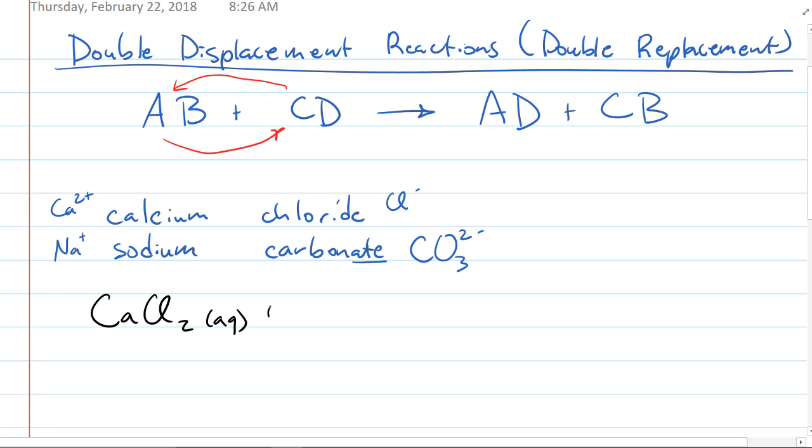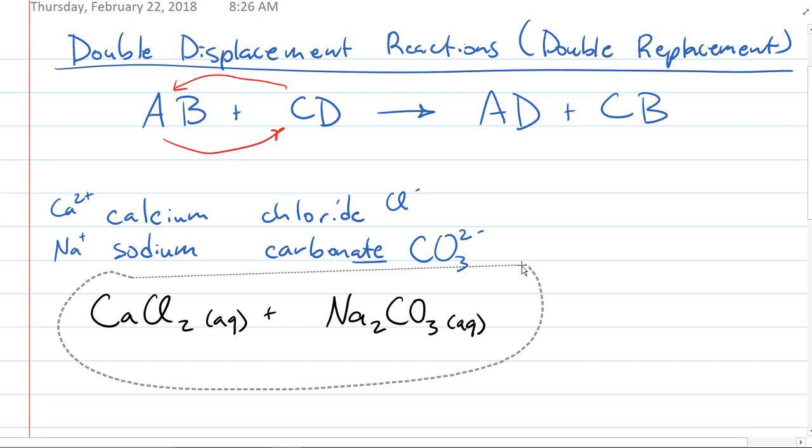So then the chemical formula for sodium carbonate would be Na2CO3. It appears to come as a liquid, but it's an ionic compound, so we'd write a phase label as AQ, as aqueous. So again, these are our 2 reactants.